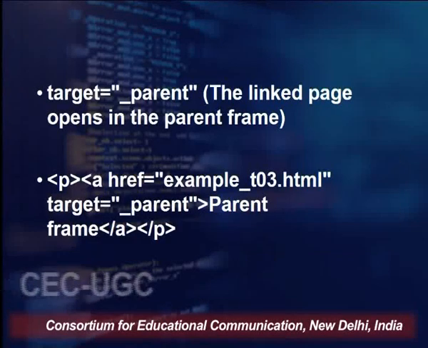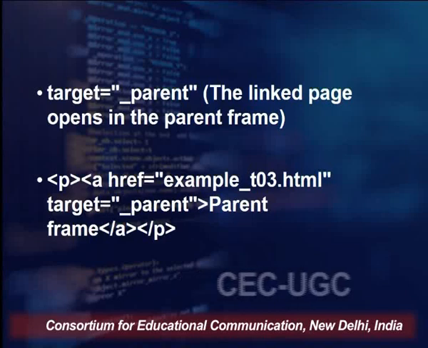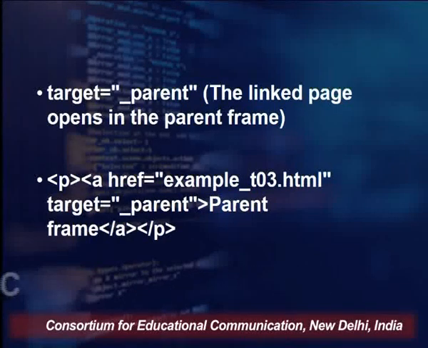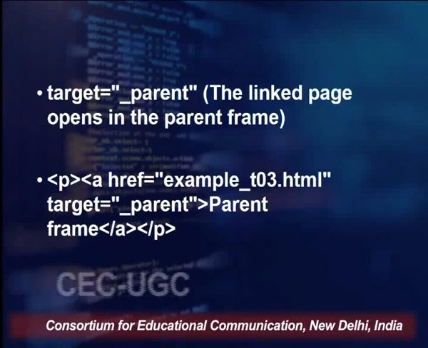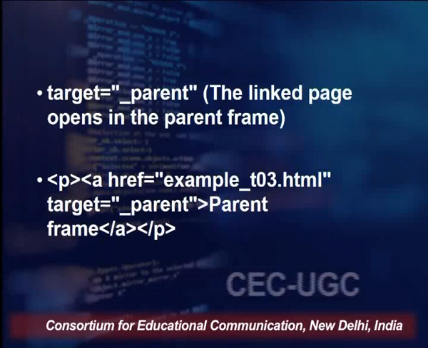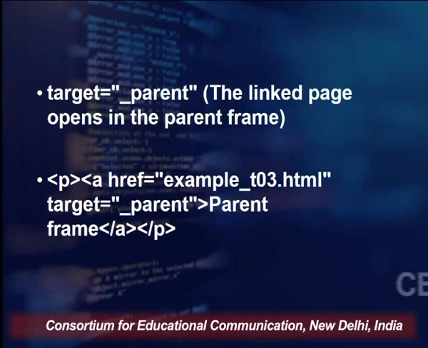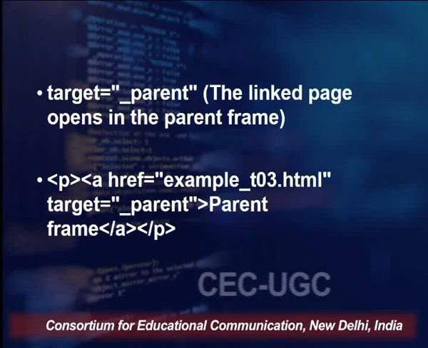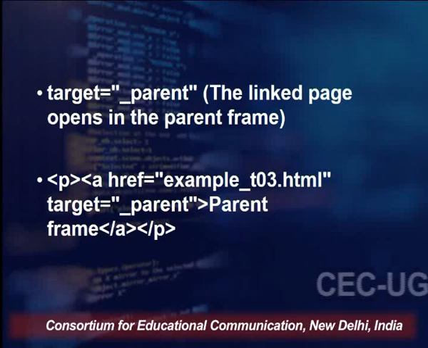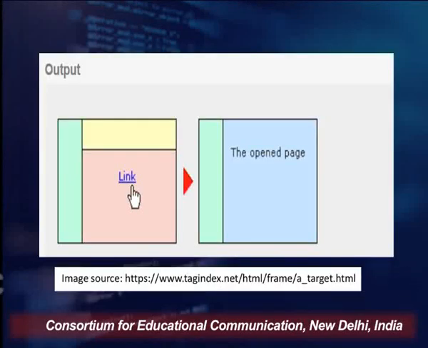The next value is _parent. With _parent, the linked page is going to open in the parent frame, and we have a href equal to some HTML file, target equal to _parent, and what will be the result of this? Here it is.